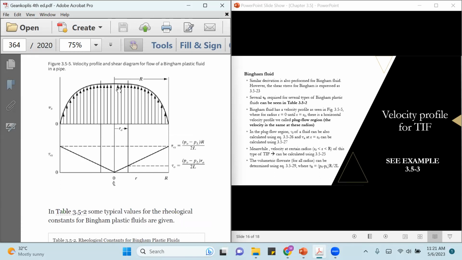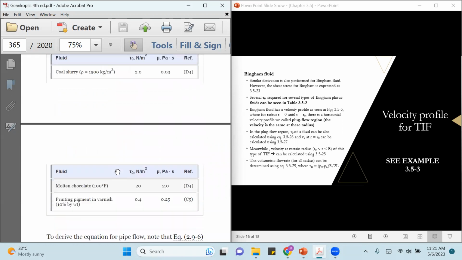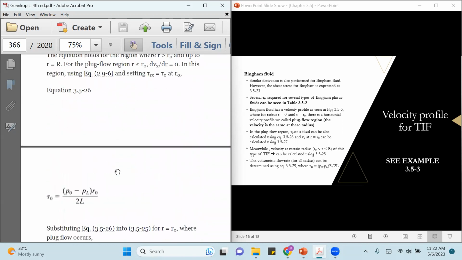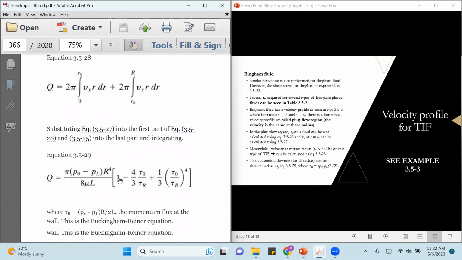Tau 0 uses equation 26. Now, the volumetric flow rate, or Q. We'll go down first. Now, if I want to know the volumetric flow rate for all radius, it can be determined using equation 29, where tau R is actually delta P times R over 2L.